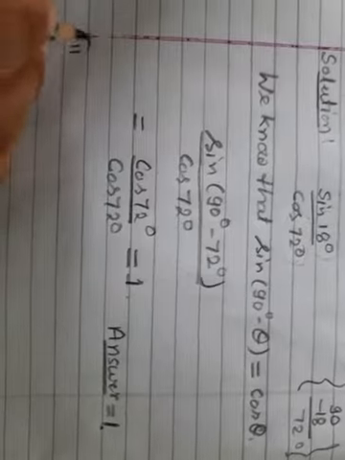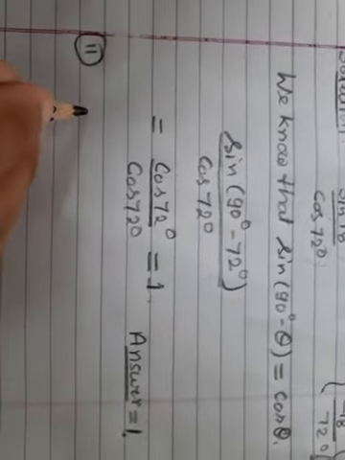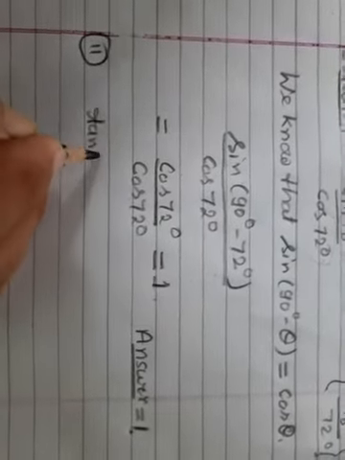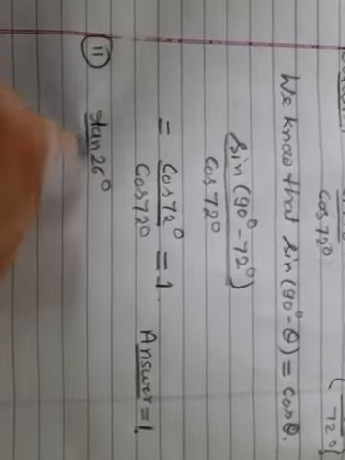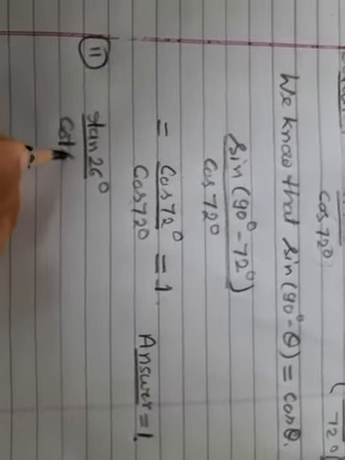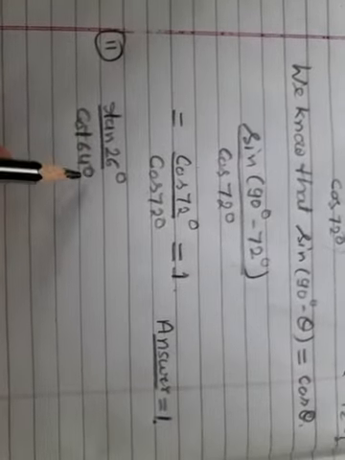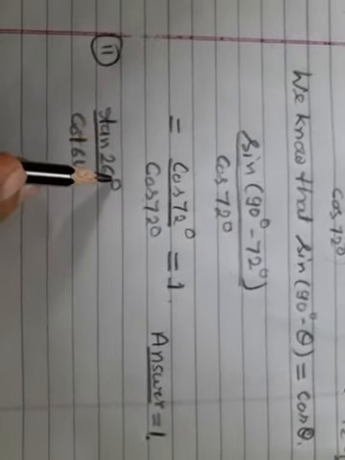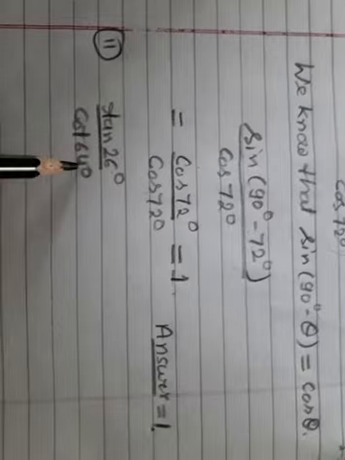Now see the second question: tan 26 degree upon cot 64 degree. Clear? So tan 26 converts into cot 64.